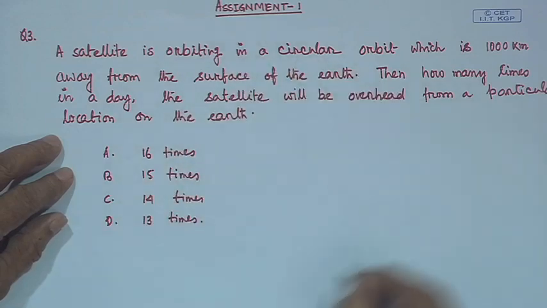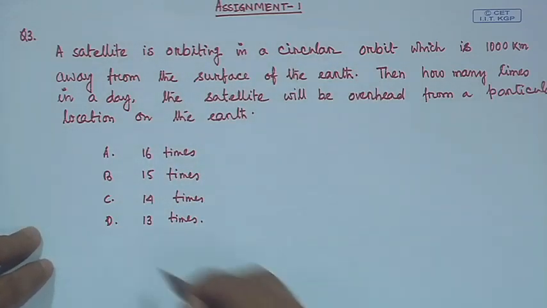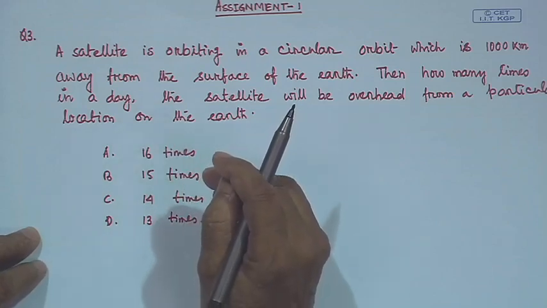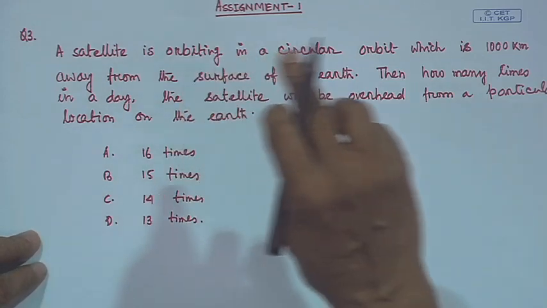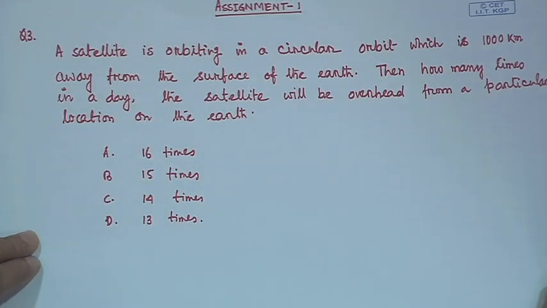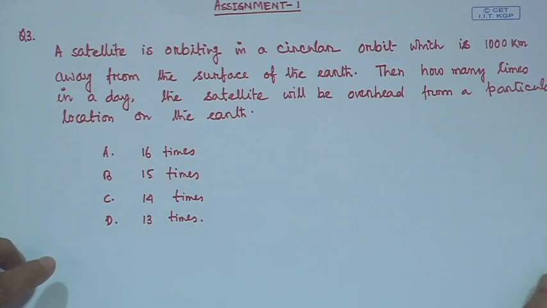So, it is a circular orbit, and if you can find out the duration of the orbit, then we can also find out how many times in a day one orbit is completed. So, that can be calculated this way.